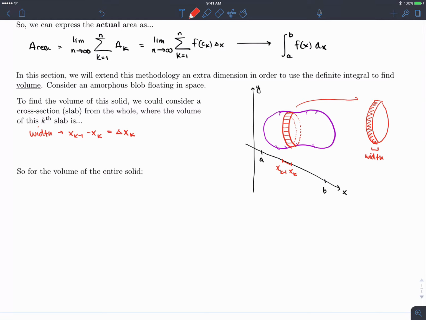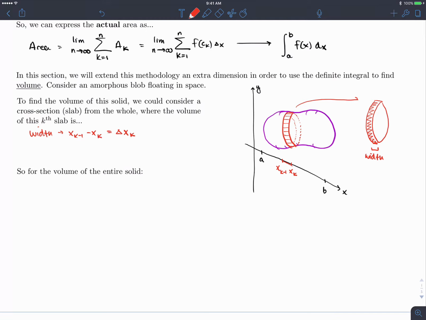Now, to find volume, it's not as simple as just measuring the height, but what we could do is measure the surface area of the top or bottom of this shape. We can't see exactly that it's circular right now, but it's some sort of geometric shape. So we're going to generalize this for now.